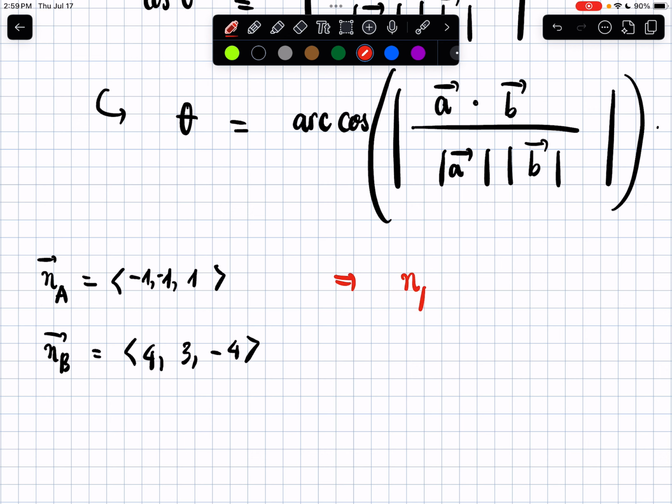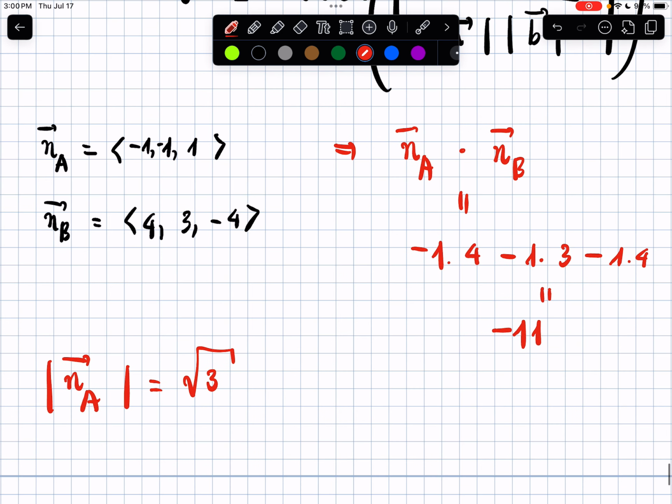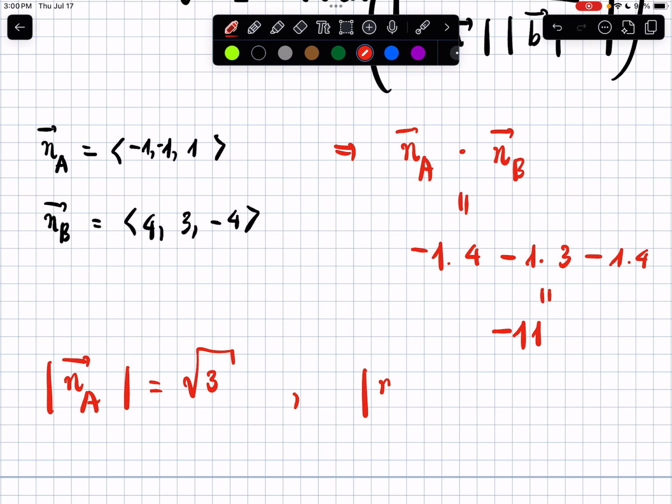NA dot NB is -1 times 4, -1 times 3, -1 times 4, which is -11. The length of NA is square root of 3. The length of NB is square root of 16 plus 9 plus 16, so 41.